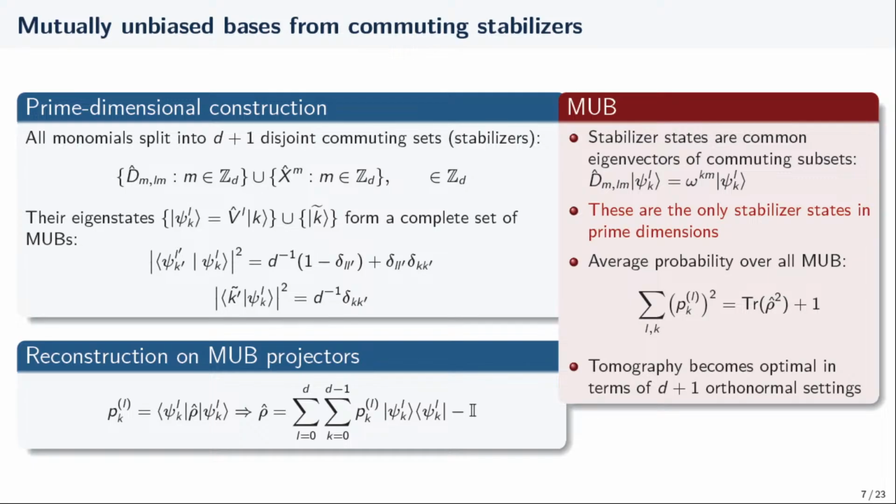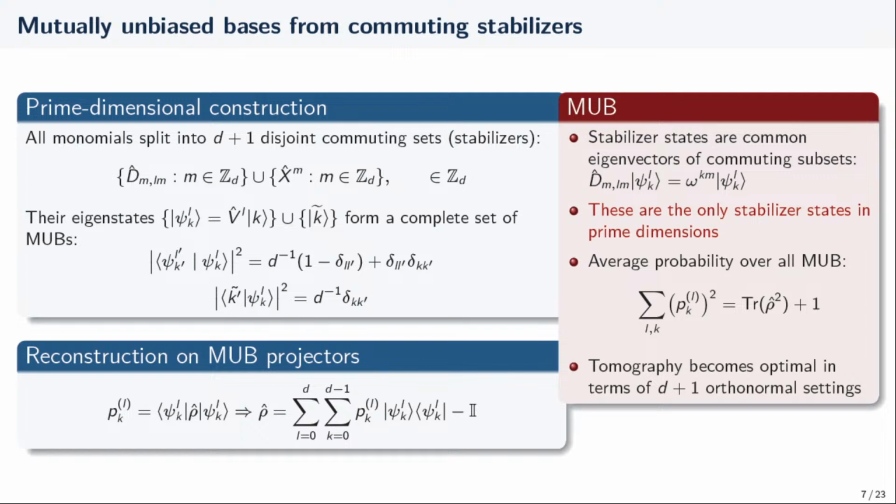If we take one element from one basis and multiply it by an element of the other basis, we have either 0 or 1 over the dimension. Maybe it is not very well written here, and this would play an important role in our discussion.